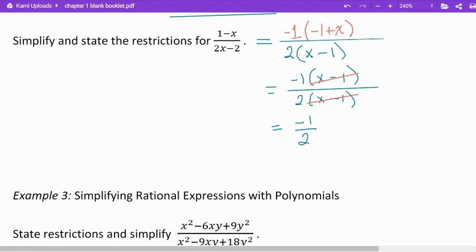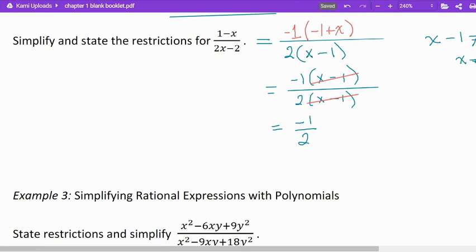So at some point, we had a multiple of x minus 1. We need to make sure that x minus 1 does not become 0. So what value can x not have? Positive 1, right? So here's my work on the side. So x cannot be positive 1.